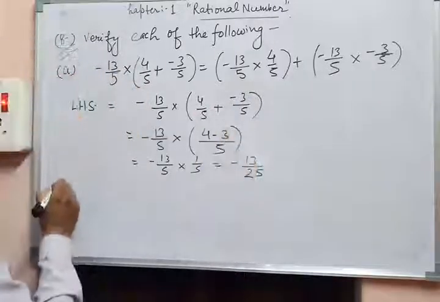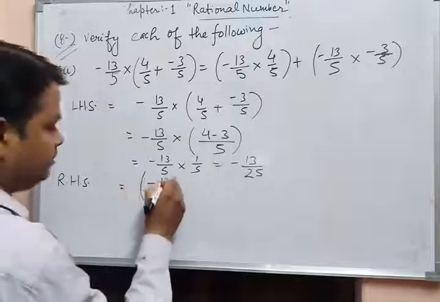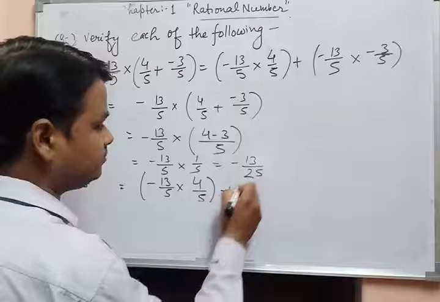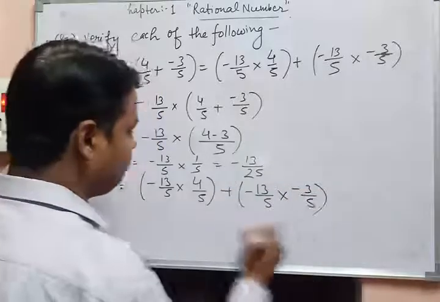Now the RHS part is minus 13 upon 5 into 4 upon 5 plus minus 13 upon 5 into minus 3 upon 5.